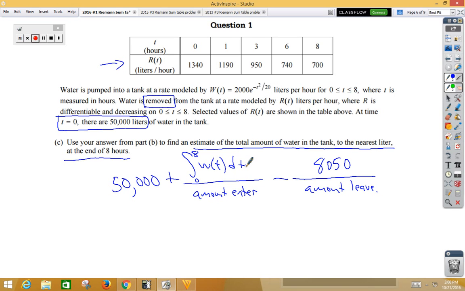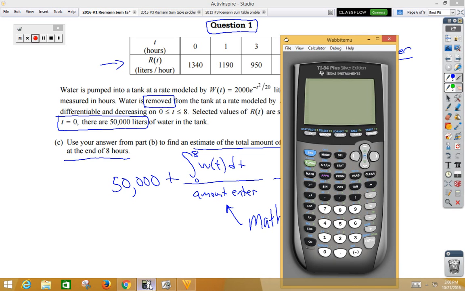In this problem, since it's question number 1, realize that this is a calculator active question. So if it's a calculator active question, remember to integrate with your calculator. You use your math button, and I believe it's math 9. Let's double check that. So turn on our calculator. If we go math 9, then yes, indeed, that's our integral symbol.